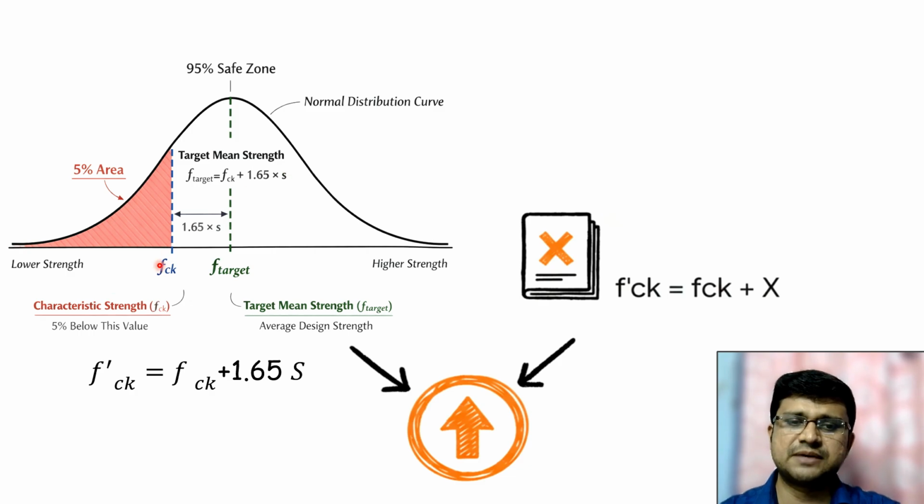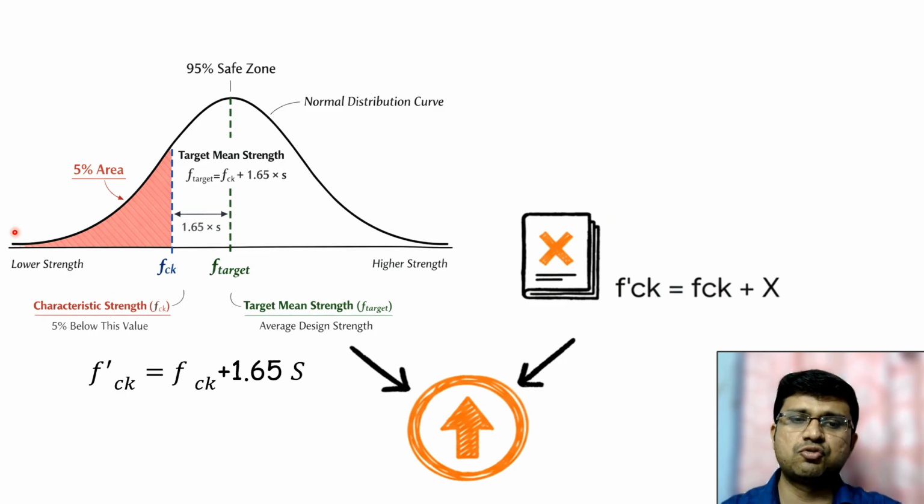Now, what is fck? fck is that particular value below which the results will be 5% and above which the results will be 95%. But if we prepare our concrete based on this value, then it may happen that 50% of results will be more than fck and 50% will be less than fck. That is not our requirement.